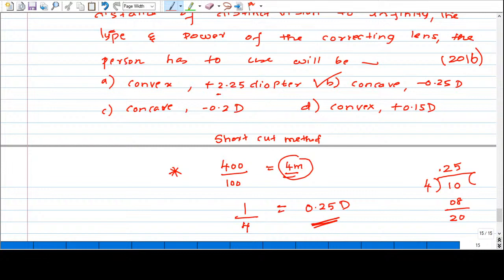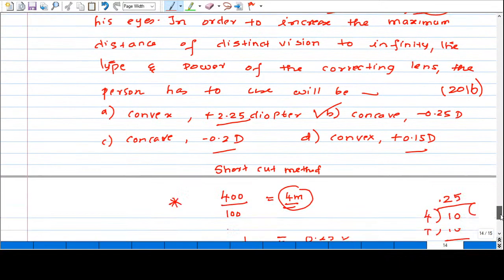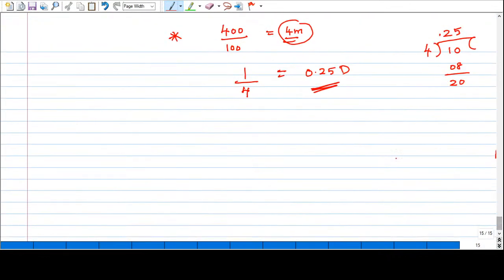If you see the first option, it is 2.25, then 0.2, then 0.15. So 0.25 lies in option B. With the help of the shortcut method, we can get the answer immediately by taking the reciprocal of the given maximum number. What is the maximum number here? The maximum number is 400. Take the reciprocal and divide it, we get 0.25 diopter.